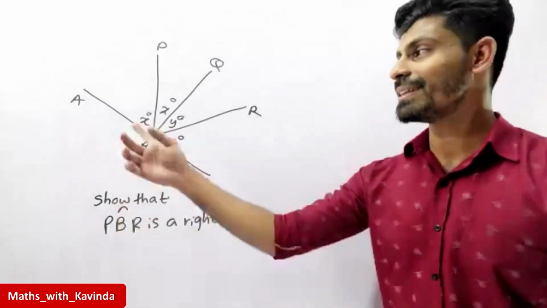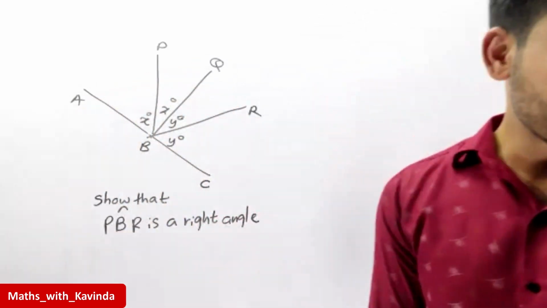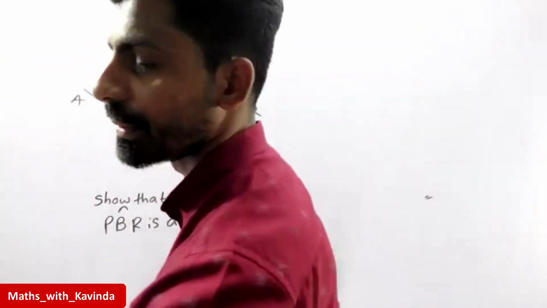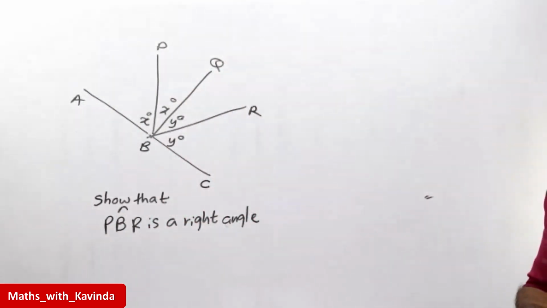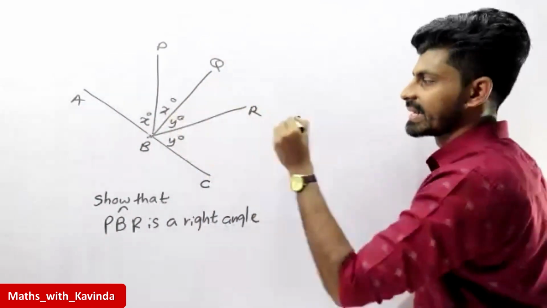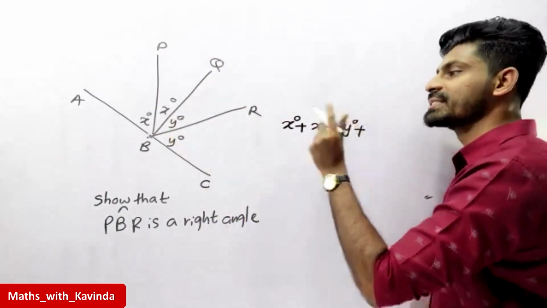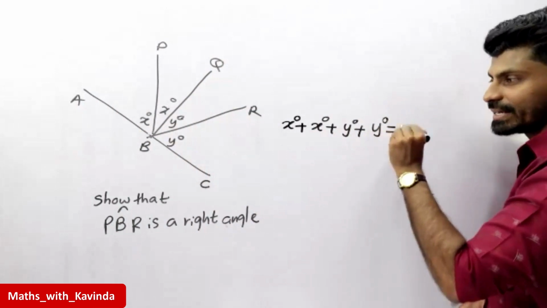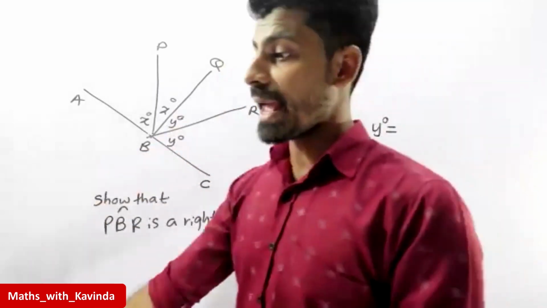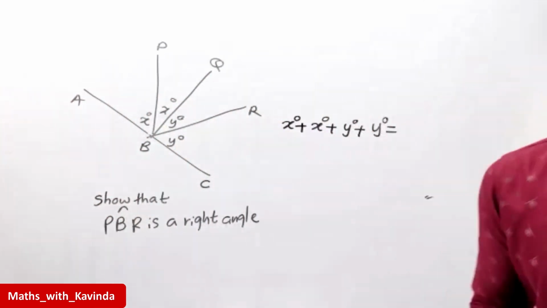Then let's quickly write down the equation by considering all the angles on the straight line. All the angles on the straight line: x plus x plus y plus y equals 180 degrees, since all angles add up to 180 degrees.